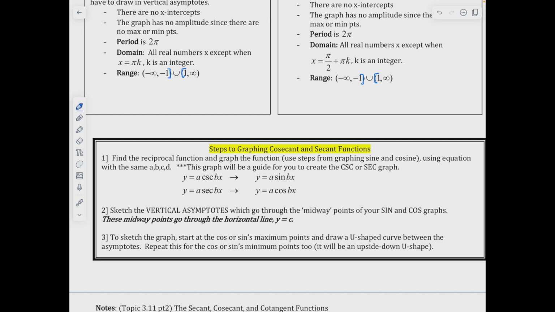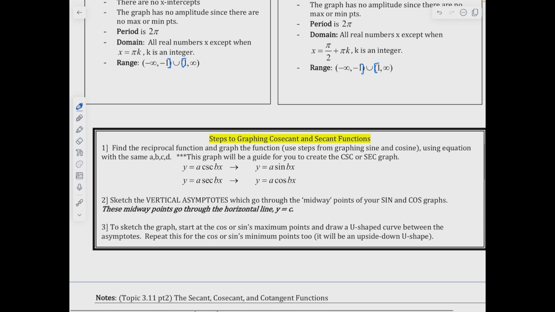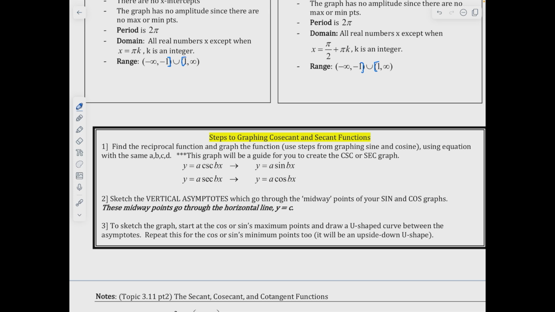Sketch the vertical asymptotes, which go through the midway points of your sine and cosine graphs. These midway points go through the horizontal line y equals c. To sketch the graph, start at cosine or sine's maximum points, draw the U-shaped curve between the asymptotes, and head it towards your asymptotes. Repeat this for cosine or sine's minimum points too, because that'll be your upside down U shape.